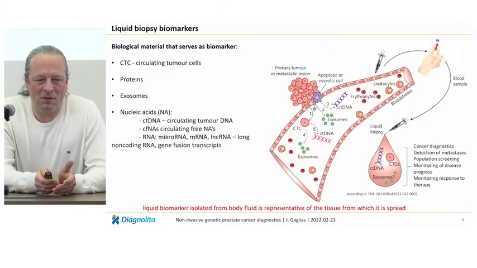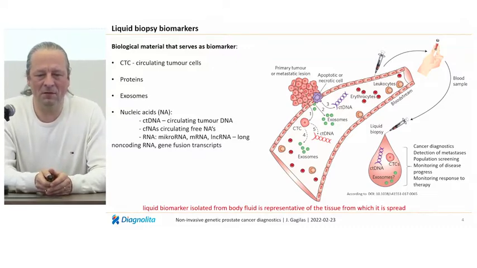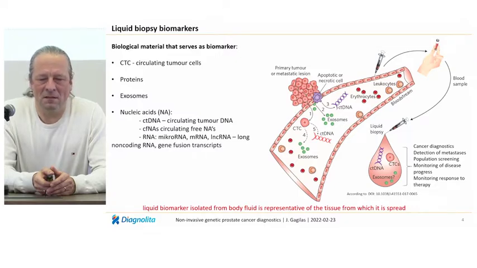What kind of biological material can be analyzed? When you have a tumor, this tumor can shed different things into body fluids. First of all, it can be cells, so-called circulating tumor cells, which go into, say, blood or any other liquid and travel. These cells are quite easy to isolate.